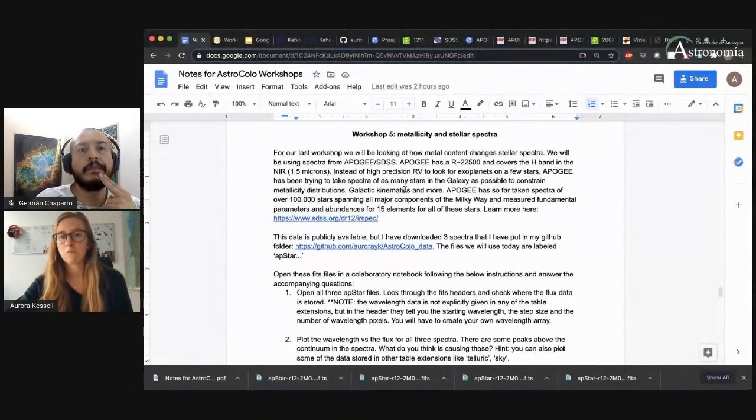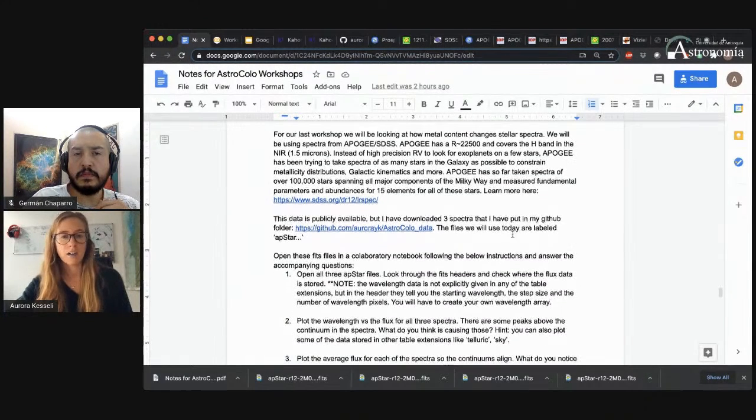And again, we'll be using the Colaboratory notebooks. And we're going to be using data from APOGEE, which is some of the spectra some of the results I talked about today were from APOGEE. So it's resolution 22,000 spectra, and they cover the H band, so the near infrared, about 1.5 microns.